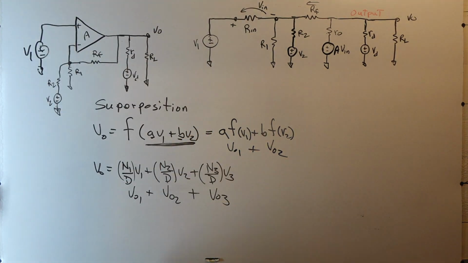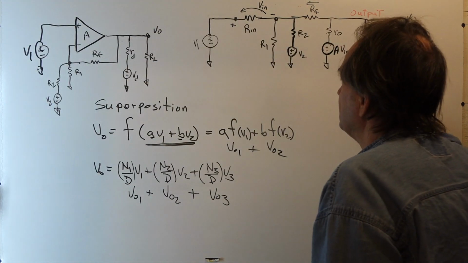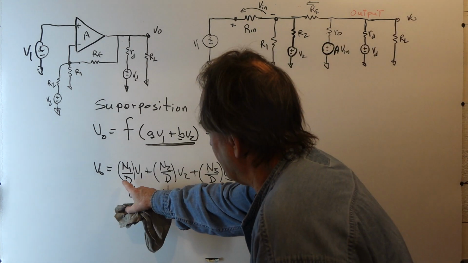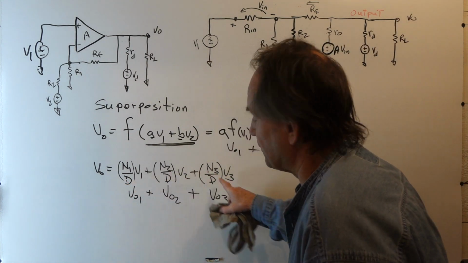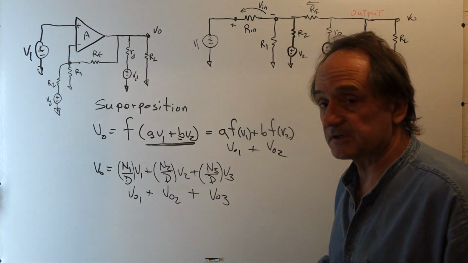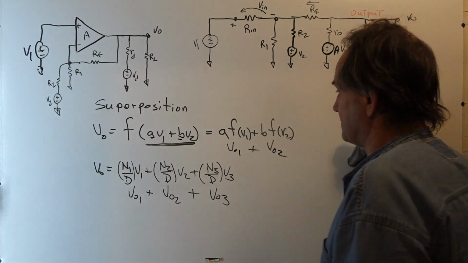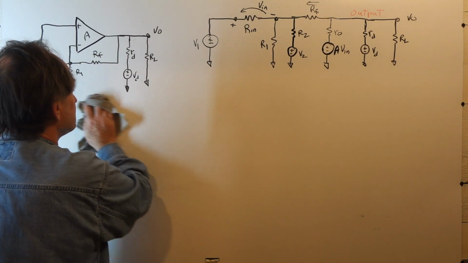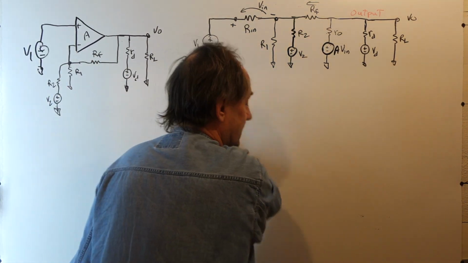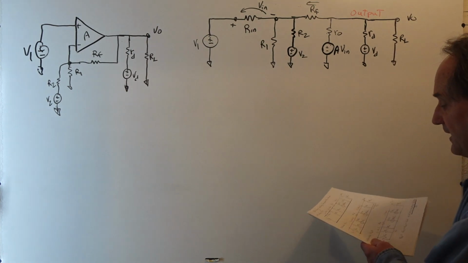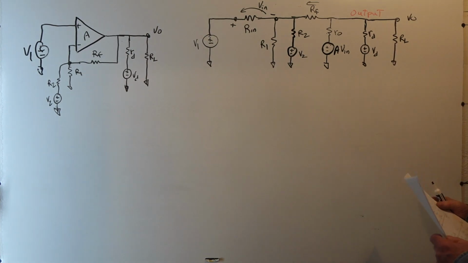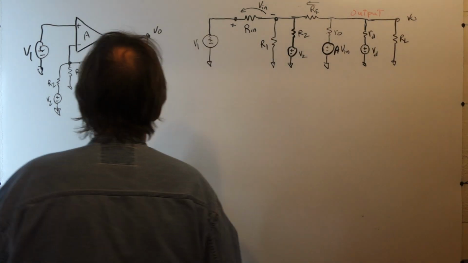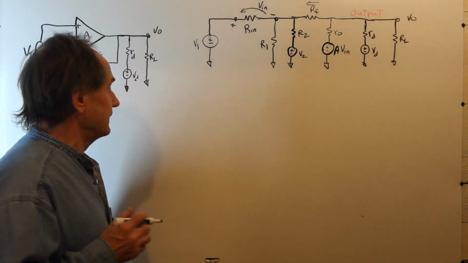So if we have n sources, or in this case 3 sources, we have to solve 3 different networks when we're using superposition. What we need to do now for this network is look at the equivalent circuit when we activate the sources simultaneously or individually.